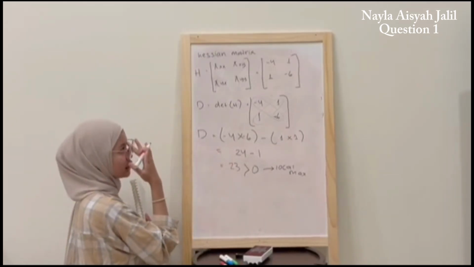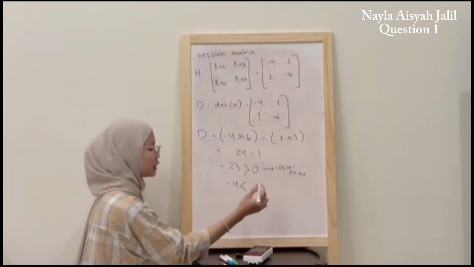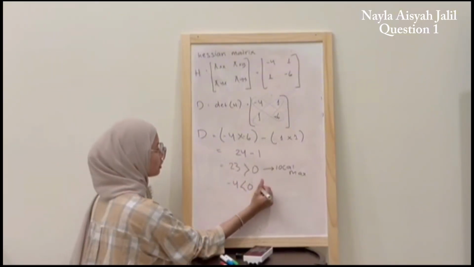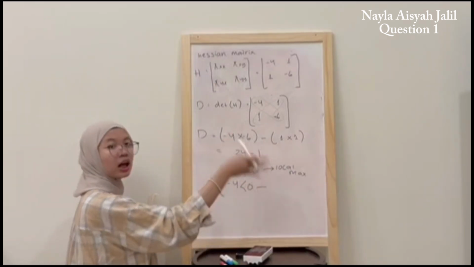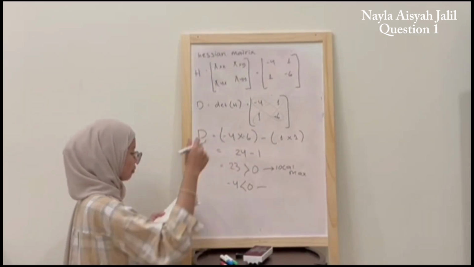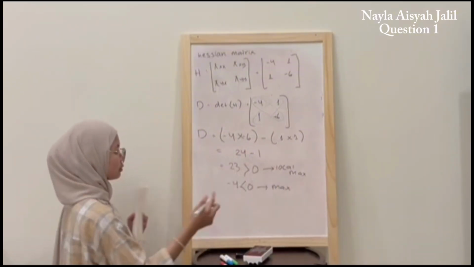So the second derivative partial x is minus 4, and minus 4 is smaller than 0, so that is max. So if this and this, so this is max.